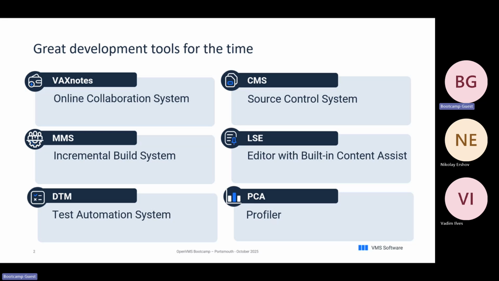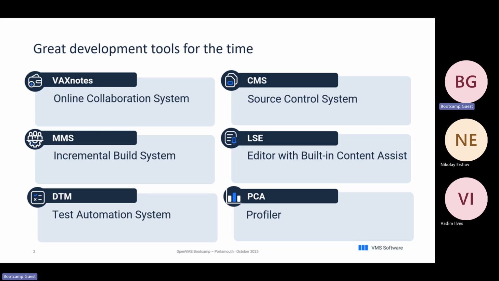So let's go back in time 40 years. In the 80s, DEC was an extremely innovative company. They came up with great ideas how to improve software development. We all remember these great legendary products: VAX Notes, predecessor to Wiki actually, a great conference tool.